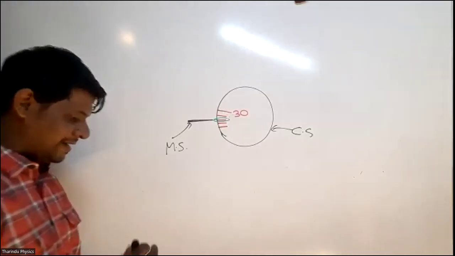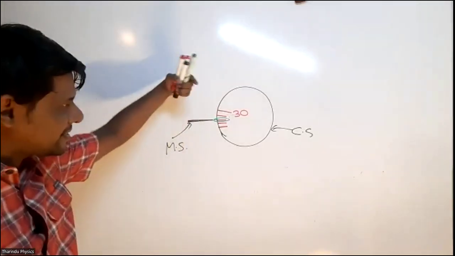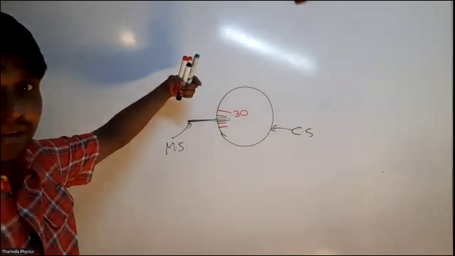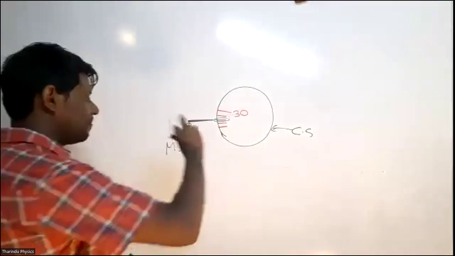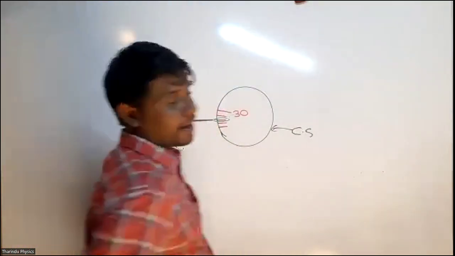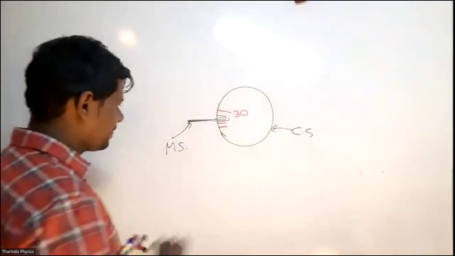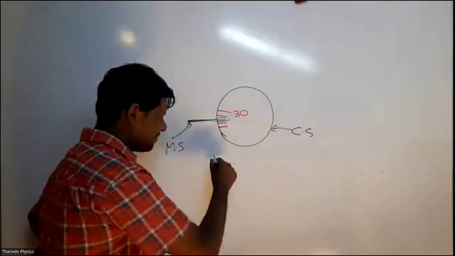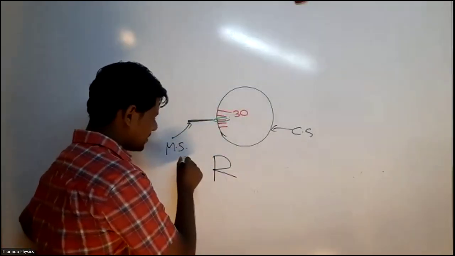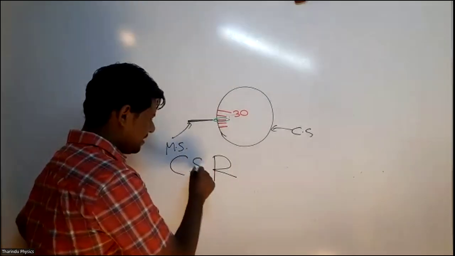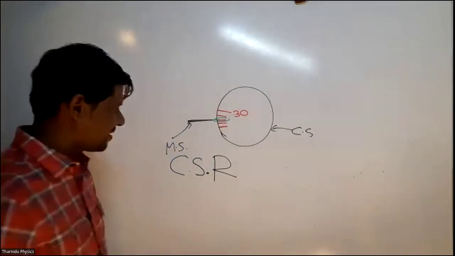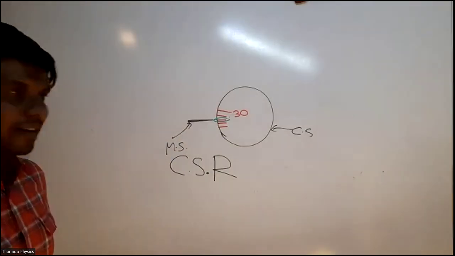This is 28. You have to read this the same way as the micrometer screw gauge. So your reading would be the circular scale reading, CSR. But we know something called CSK, no?